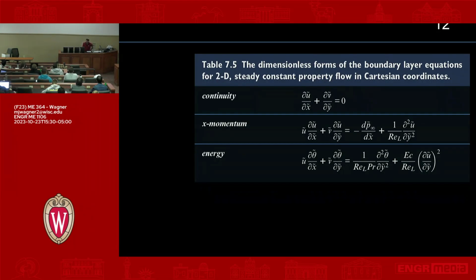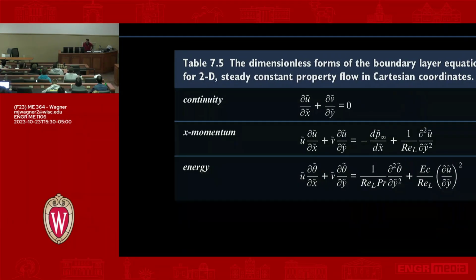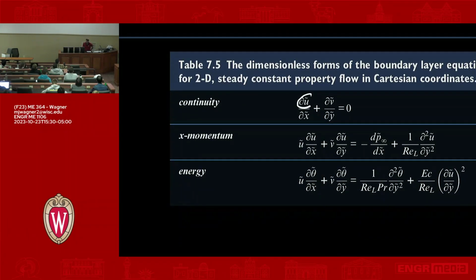So here what you see is this continuity equation is in terms of U tilde and V tilde and X tilde and Y tilde. So these are just non-dimensionalized forms of these dimensional quantities. So you'd say, for example, non-dimensional U, right?